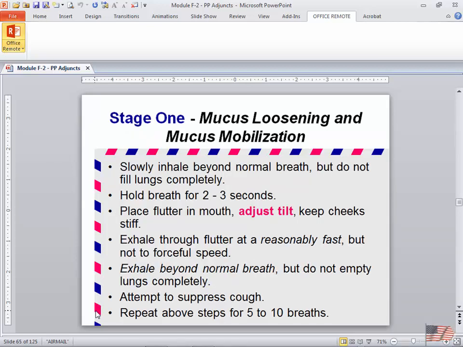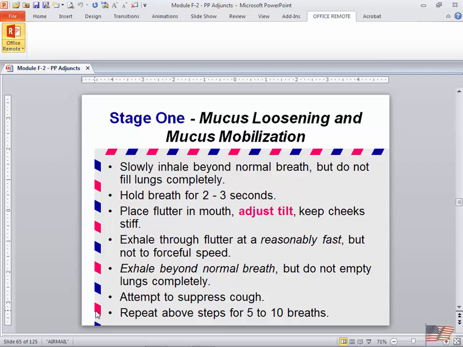So I slowly inhale, maybe a little bit deeper, but don't fill your lungs completely. Hold the breath, put the flutter into the mouth. By changing the tilt of it, I change the amount of resistance that ball is going to create. Exhale through it at a reasonably fast but not forceful speed.